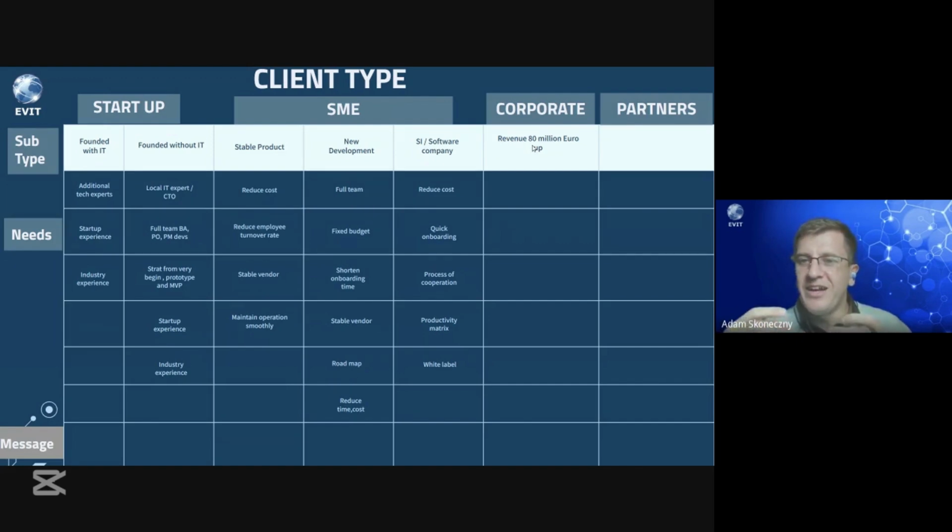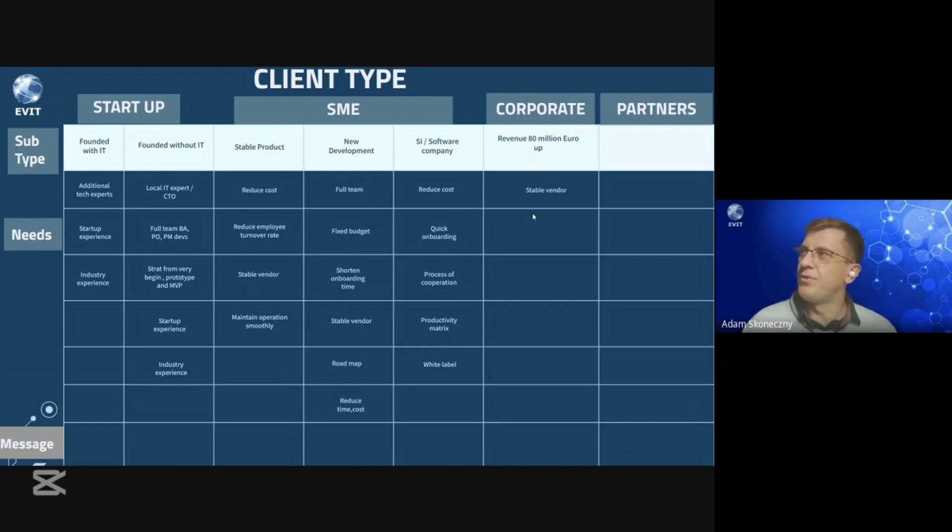And they are actually racing who will have less people in the company and who will have a higher revenue. Okay, so for the European businesses, like 80 million for corporation, this is pretty small. So you're probably expecting much more than that. Yes, but just for sake of this presentation, I give this as a benchmark. Let's say 80 million euro and up. That's how I will define here corporate.